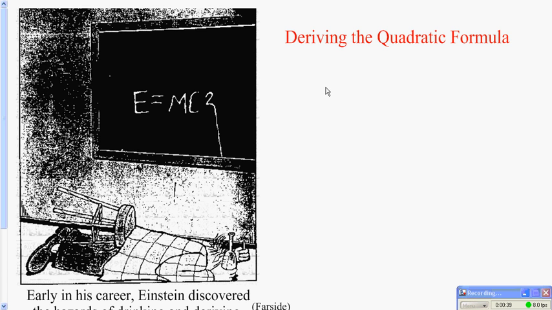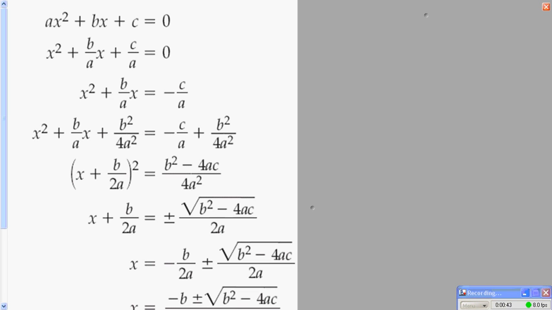But how do we derive, in other words, how do we come up with the quadratic formula? This is out of the book, and these are all the steps that would be considered important in the process of deriving the quadratic formula. On this side, I have the reasons.